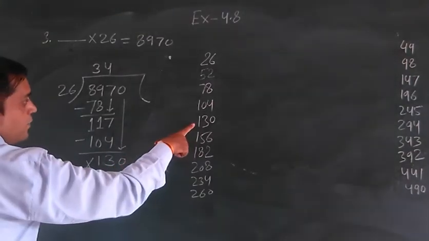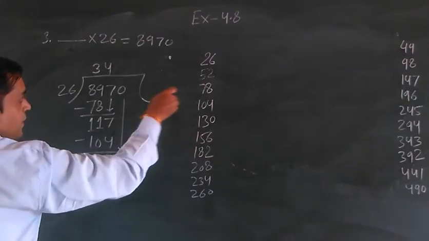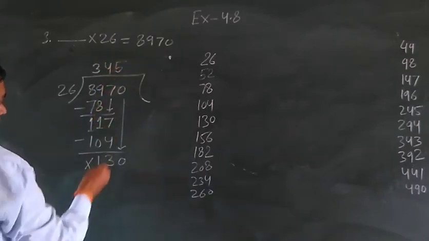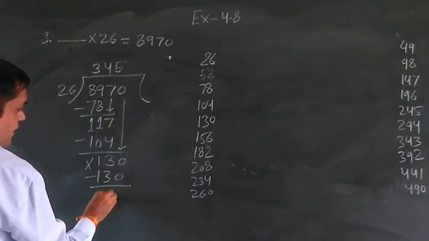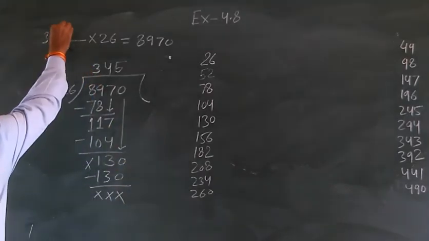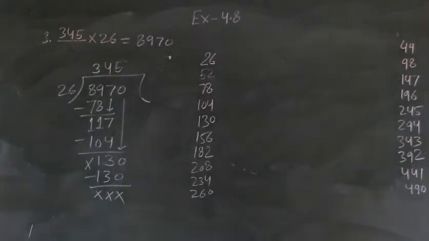You see in the table of 26, 130 is coming. How many times will it be? It will be 5 times. So we get 5 times and subtract, we get 0. So what is our answer? The other factor of 26 is 345.